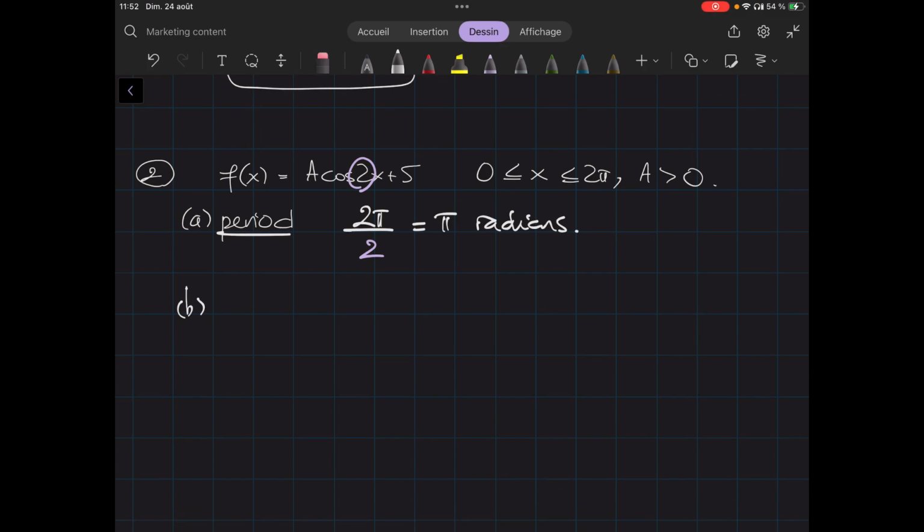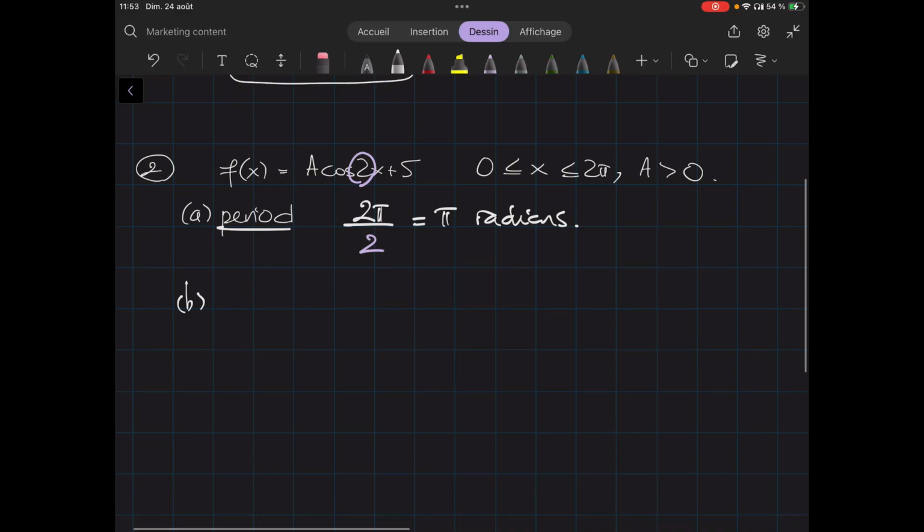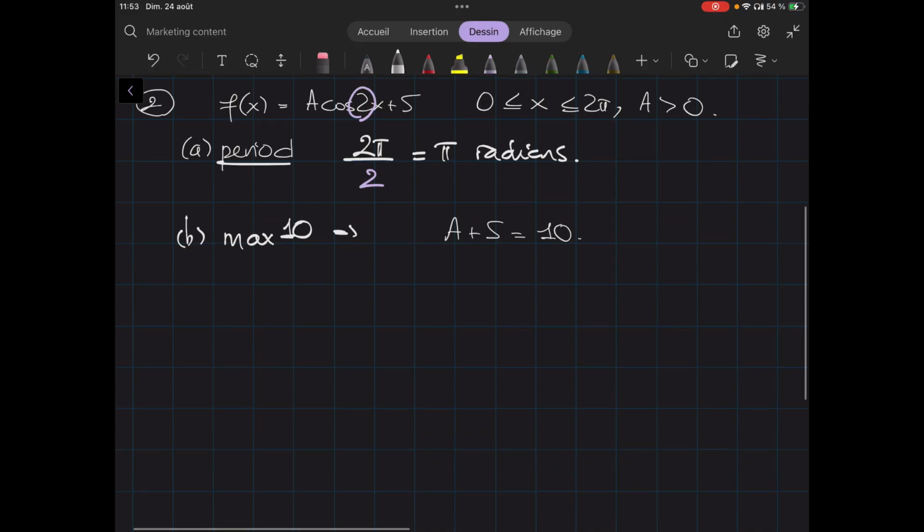Part B, you're given that the maximum value of the function is 10. So if the maximum is 10, that means that a plus 5 has to be equal to 10. Why is this the case? Because the cos of 2x is always between -1 and 1.